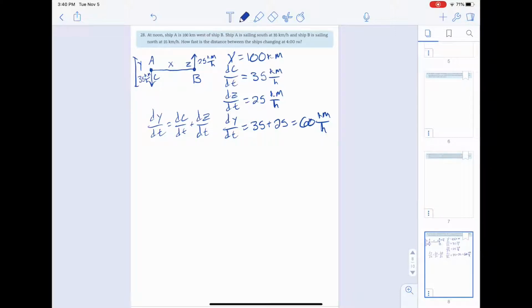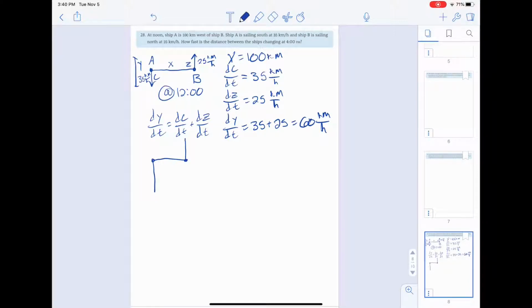And I'm going to go ahead and draw another diagram for when this is at 4 p.m. Since this one's at 12, this one will be at 4, and we'll have actual values here. So like this.